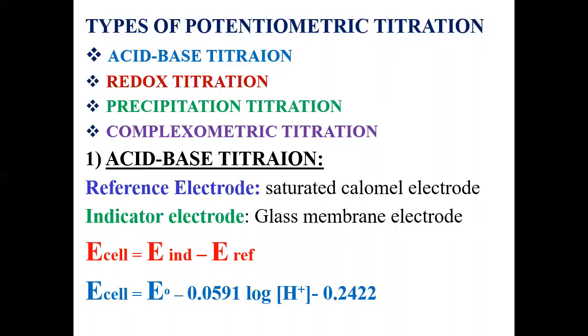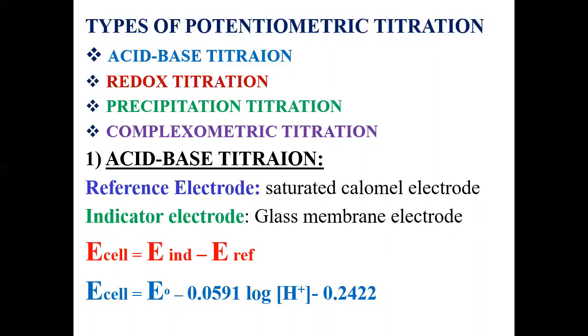And we have already discussed that potentiometric titration is a very important tool for determining the concentration of an unknown solution. In the potentiometric titration, the concentration of the unknown is determined by a change in the potential of the indicator electrode. Here, the potential of the indicator electrode is directly dependent on the concentration of the unknown solution in which the indicator electrode is placed.